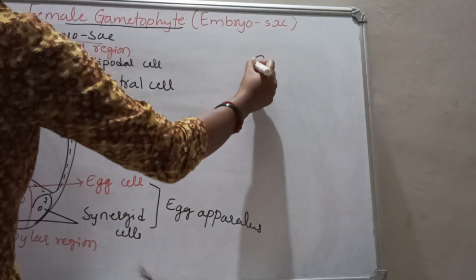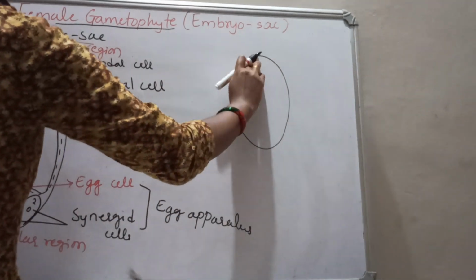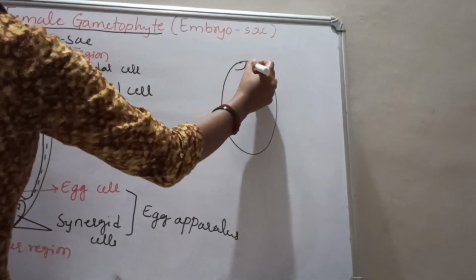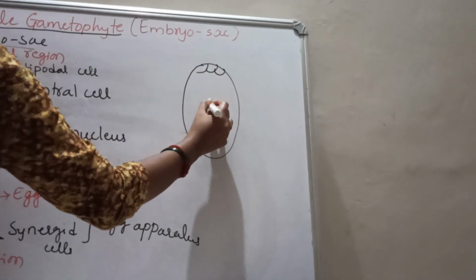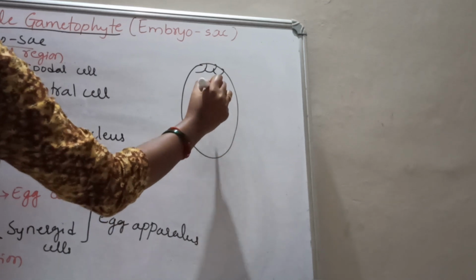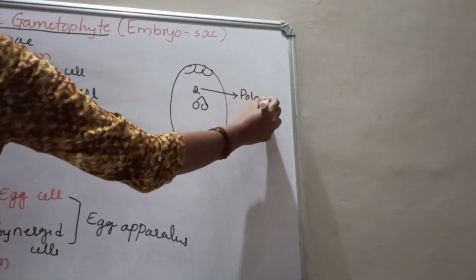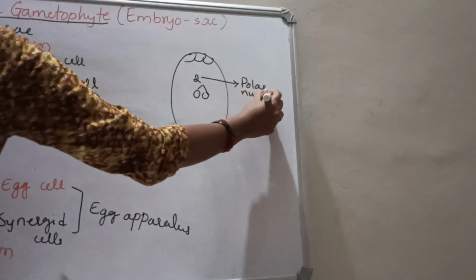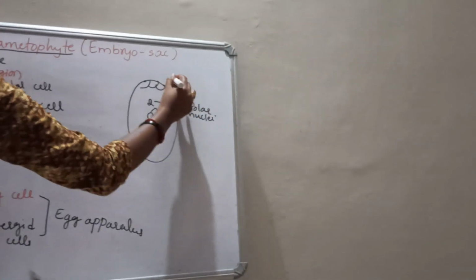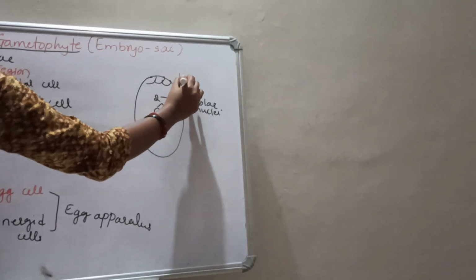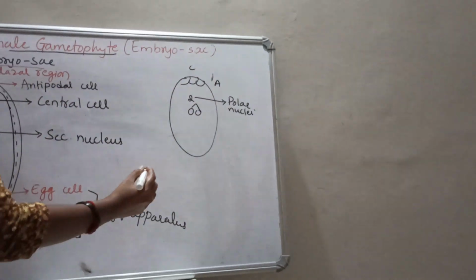In the 7-celled, 8-nucleate stage, there are 3 antipodal cells, and the central cell has 2 nuclei, and those nuclei are called polar nuclei.